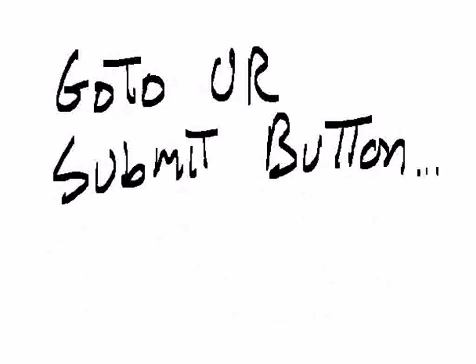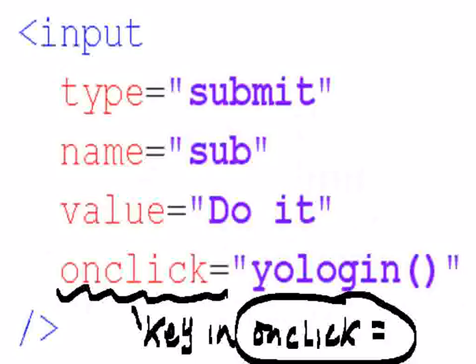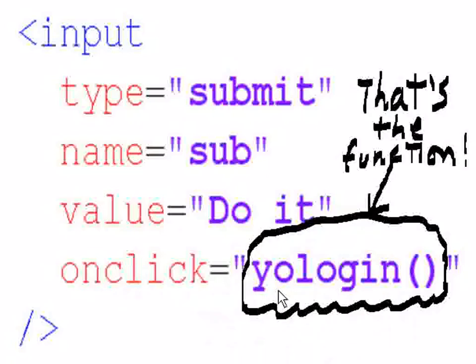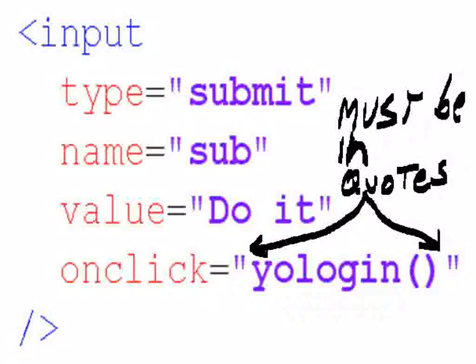So go to your Submit button. Here it is. Input, type submit, name sub, value "Do it". And here, key in onClick equals, and there's the name of the function. onClick equals yoLogin, open close parens. And it must be in quotes.